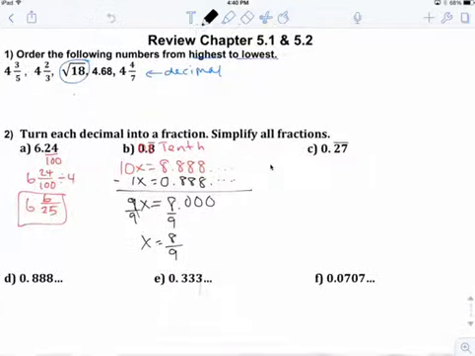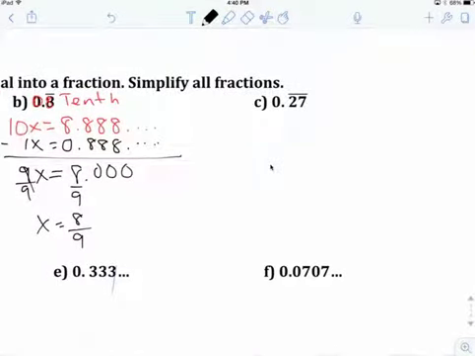Okay, the next one, this is in the 100th place, so you need to multiply this by 100.